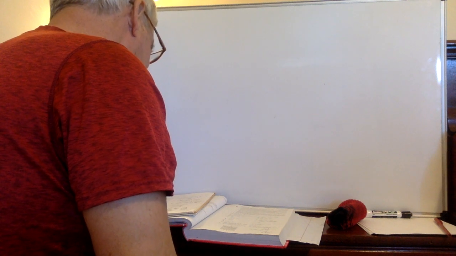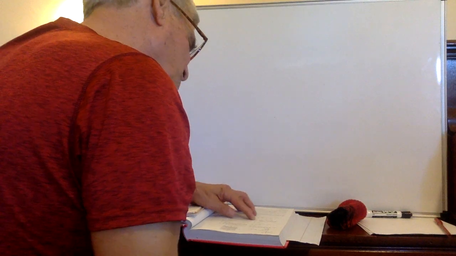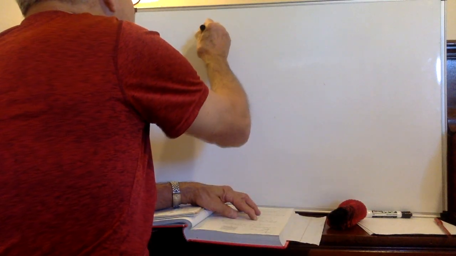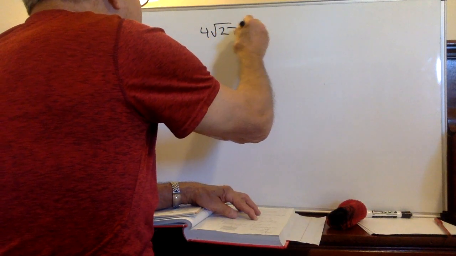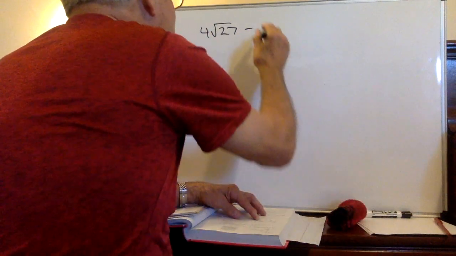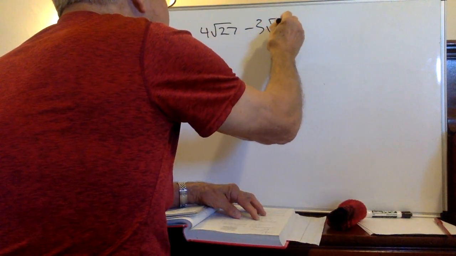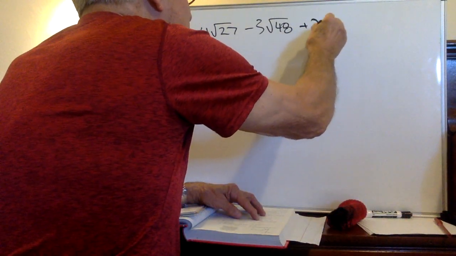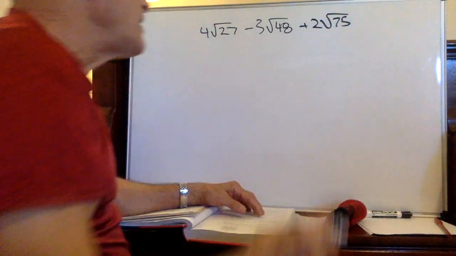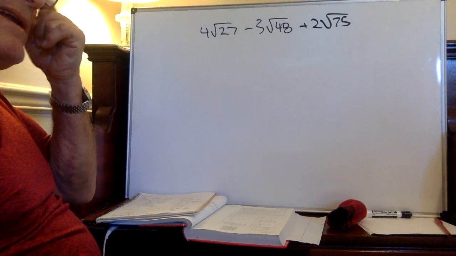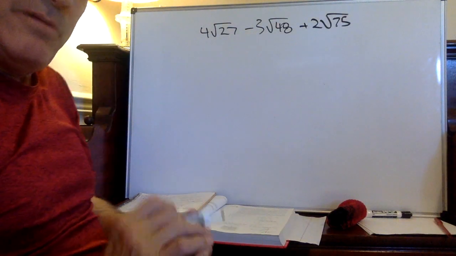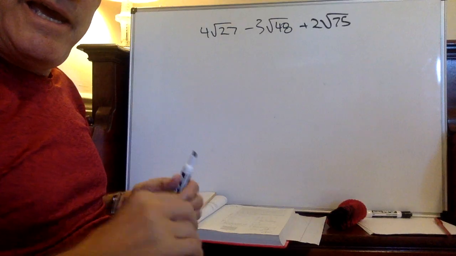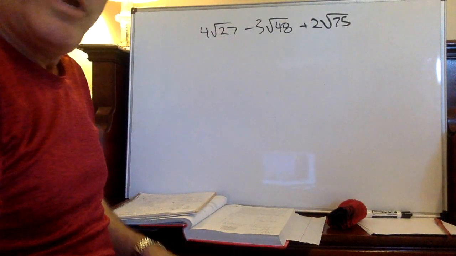Number 15, radicals. 4 root 27 minus 3 root 48 plus 2 root 75. Alrighty, a radical is not simplified if the radicand, the number under the radical, has a perfect square as a factor.